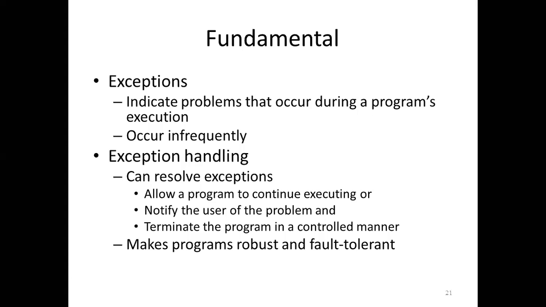It can be resolved by allowing the program to continue executing with some alternative code, or by continuing with a notification message. That means the ultimate aim of introducing exception handling is that if some unexpected things occur in the program, your program should not terminate unexpectedly, and there should not be any loss of data.